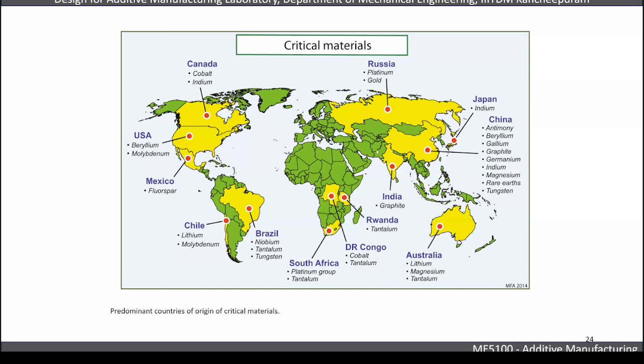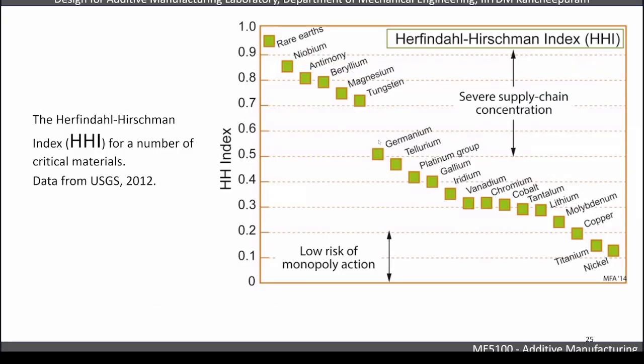So there is an index which is called the Herfindahl-Hirschman index, which is nothing but the sum of squares of their market share, right? So let's say, for example, a rare earth having a very low HH index means it is much less vulnerable to supply chain risks.